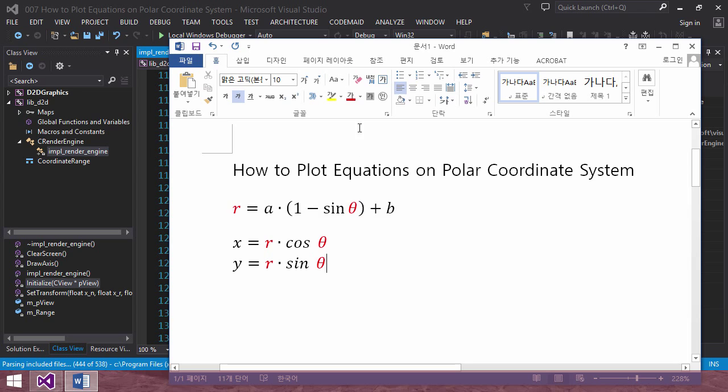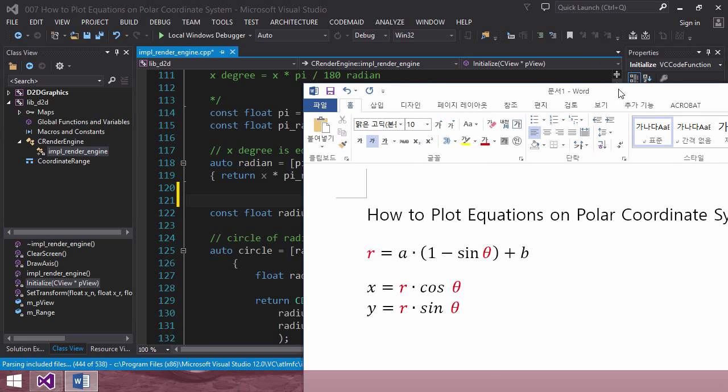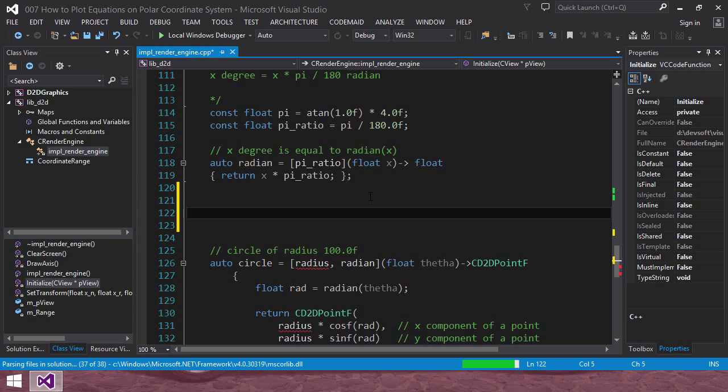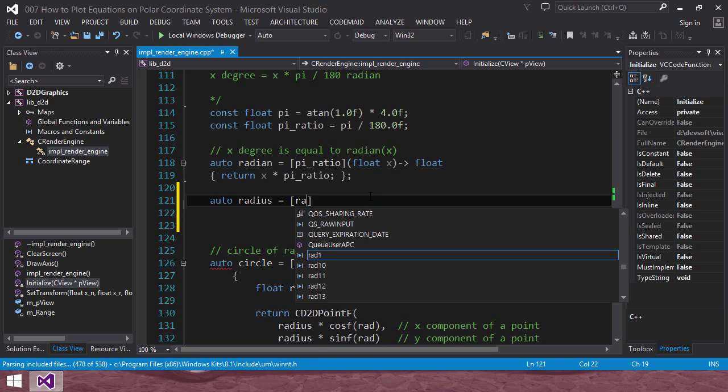So r should be a function like this. Let's change to R. It should be fixed. I will remove it. Auto radius. Radius is now variable. A functor function. We may need radian.